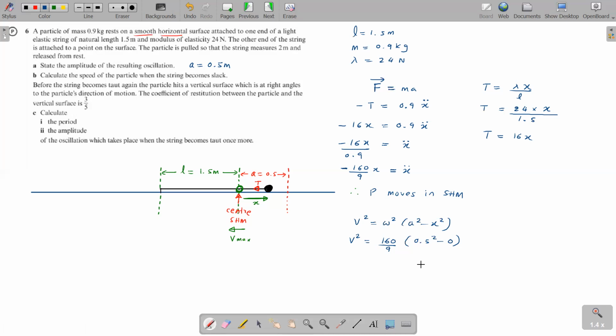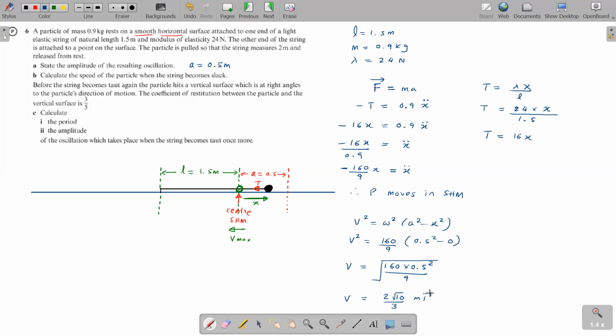X is measured from the center. Okay, so how much is the v value? 160 into 0.5 square over 9, whole thing square root. So v equals 2 root 10 over 3 meters per second, which is 2.108.